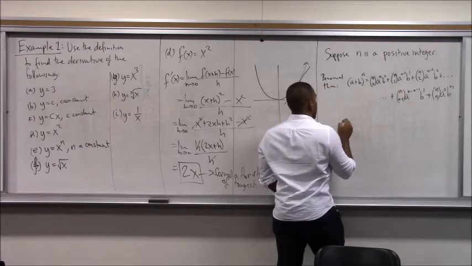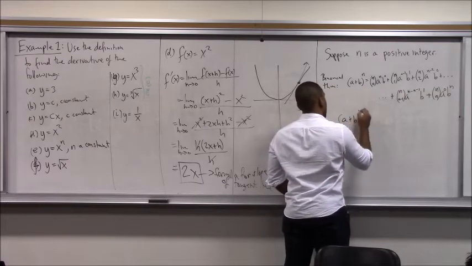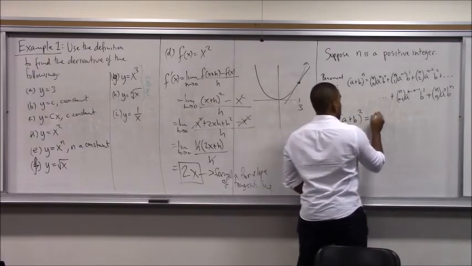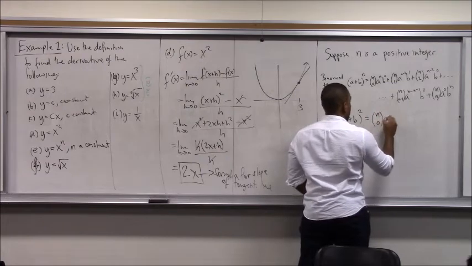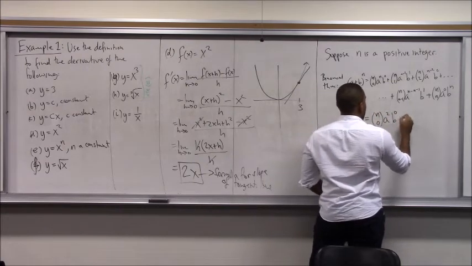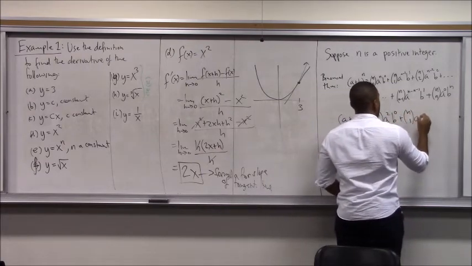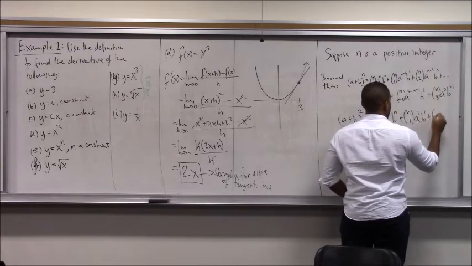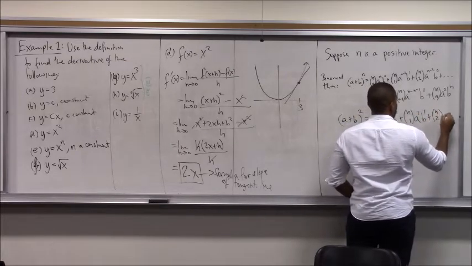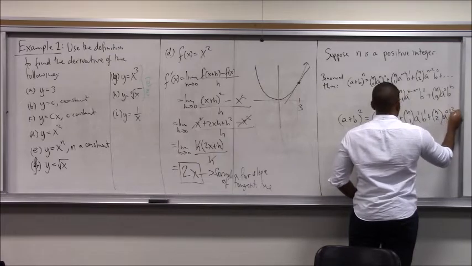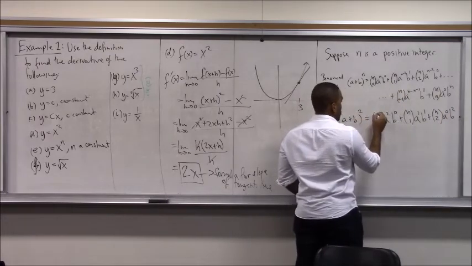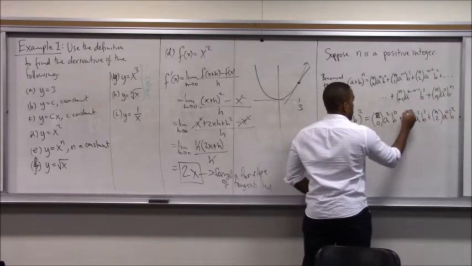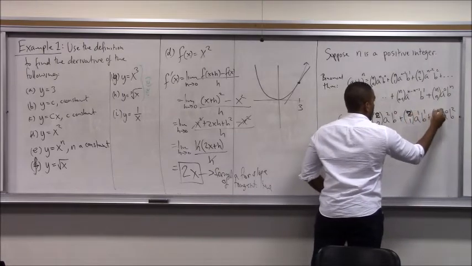So for example, if you have a plus b all squared, this says this should be n choose 0, a squared, b to the 0, plus n choose 1, a to the 1, b to the 1, plus n choose 2, a to the 0, b to the 2. In this case n is 2, so that's 2, that's 2, and that's 2.